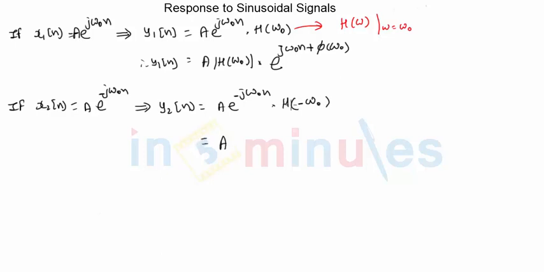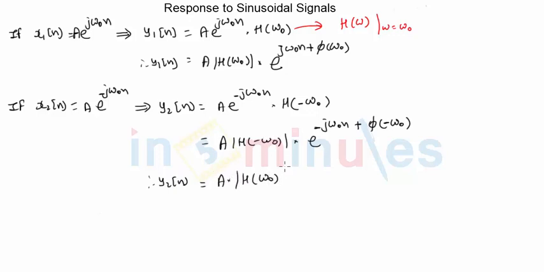Now if you remember, like H(ω0), H(-ω0) will also have a magnitude part. So |H(-ω0)| times e^{-jω0n} plus I will take the phase of -ω0. So if you remember, the magnitude response was an even function, and hence the even function does not get affected even when the variable is replaced with a minus sign.